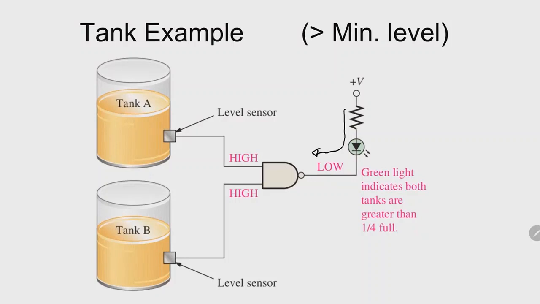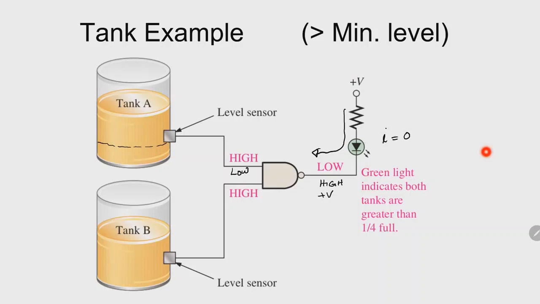When, let's say, tank A's water level drops below the sensor, this turns low, and then here turns high. So we have plus voltage and plus voltage, and therefore I equals 0, no current flows, and therefore the LED doesn't turn on.